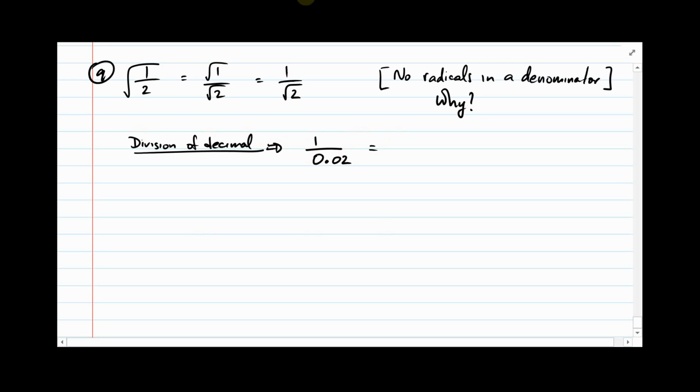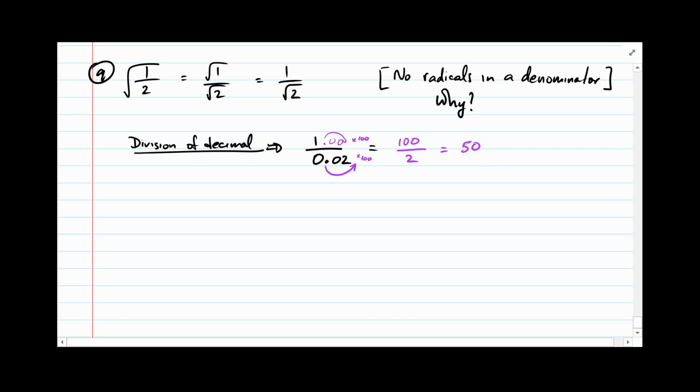Many of you would tell me that you can't divide by a decimal, so you'd have to multiply the denominator by 100, but if you did that, you'd also have to do the same to the numerator, and we would end up getting an answer, a fraction that, if it were some other number, might not be reducible, etc.